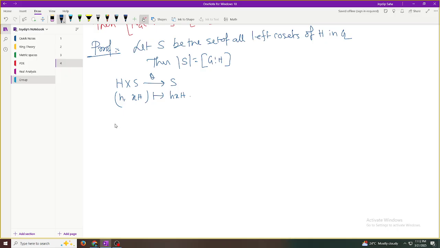Now check that this is a group action. Theta is a group action. Now what is S0?